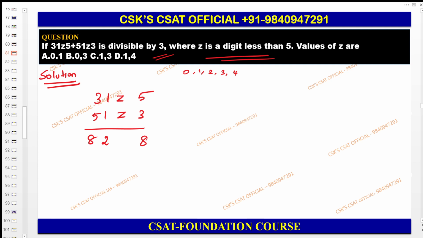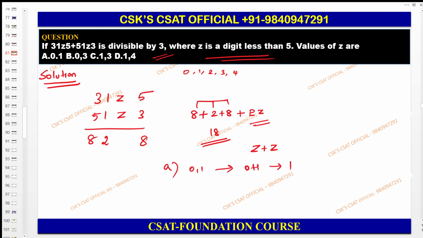So now what we have to do here is check 8 plus 2 plus 8 plus 2z here. Now listen carefully here, 16 plus 2 is 18, 18 is completely divisible by 3, leave it. Now let us go with the 2z. The 2z is nothing but z plus z. We have to go with the options method. 0 comma 1, 0 plus 1 is nothing but 1, 1 is not divisible by 3, leave it.